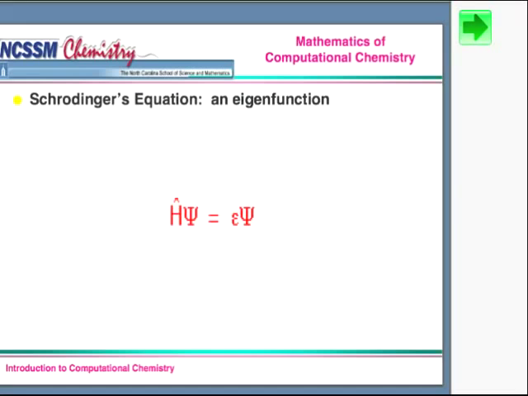But the Schrodinger equation that you see below, let me go through some of this. H is something called a Hamiltonian operator. And you need to understand that in mathematics, an operator is something that does something to another number. So as a quick example, and again, you can read more about this in the chapter reading, the square root symbol or the square root function is an example of an operator.